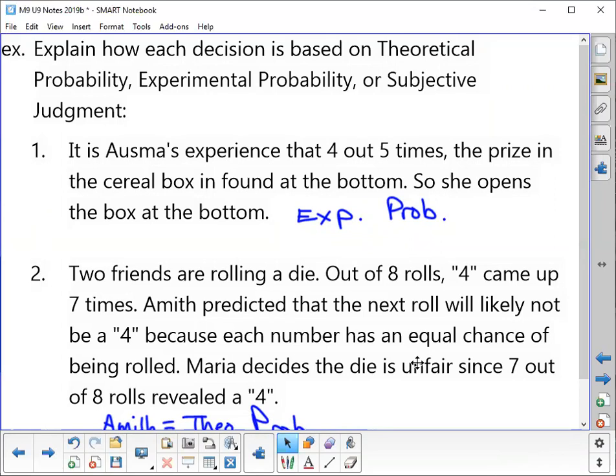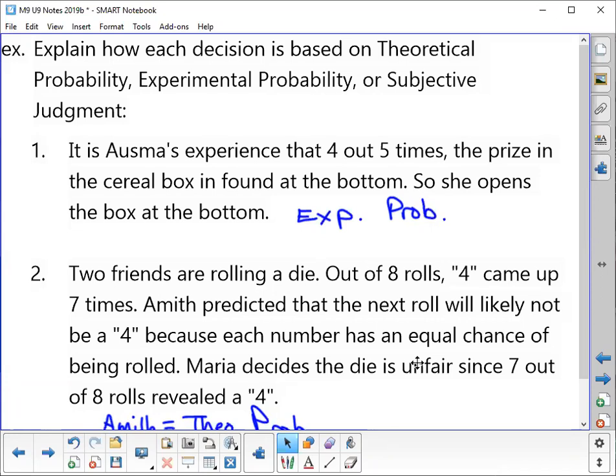What about Maria? She just decides it's unfair since 4 is being rolled so often. Is that theoretical, experimental, or subjective judgment? I'd say subjective. Yep. That's the thing you'll notice about subjective judgment, all of these things have certain hints. If it's based on something someone has done multiple times, that's experimental.